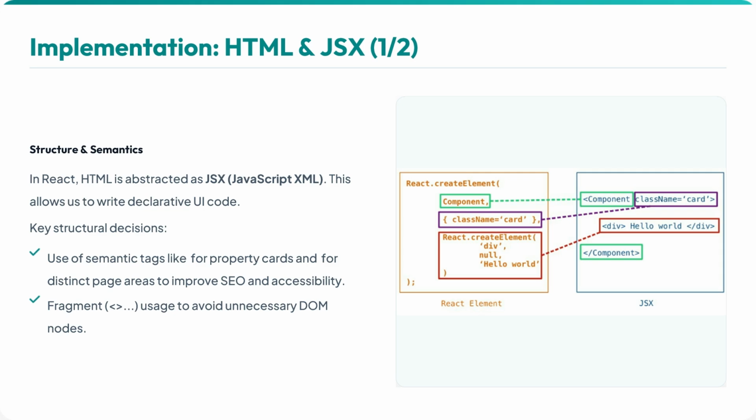I focused heavily on semantic HTML. Instead of just using div for everything, I used tags like article for property cards and section for the main feed. This is crucial for accessibility and SEO. I also utilized fragments to avoid adding unnecessary nodes to the DOM tree, which keeps the application lightweight.